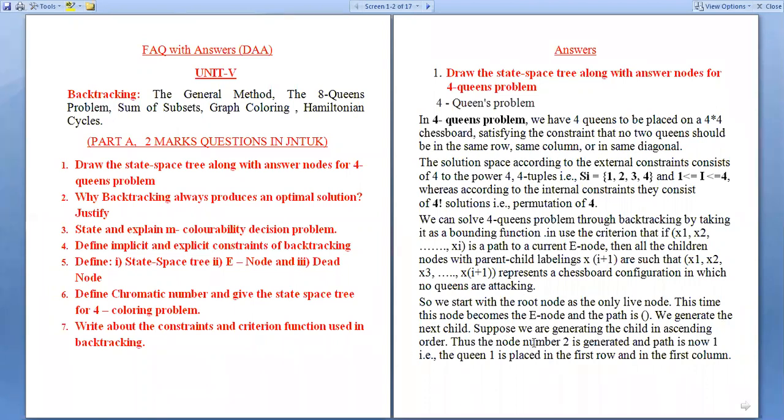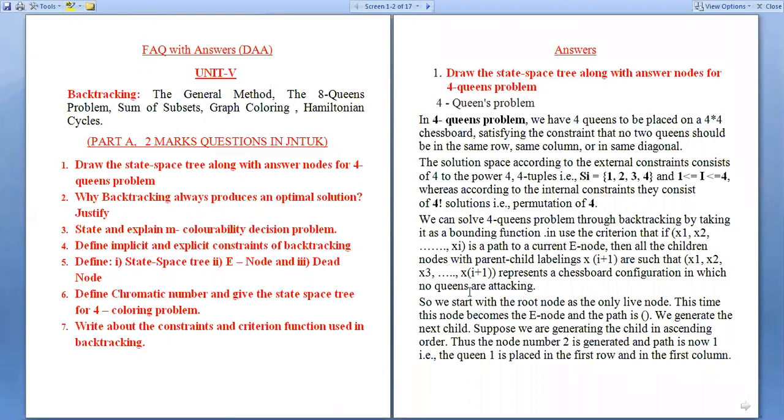Thus node number 2 is generated and the path is now 1. That is, queen 1 is placed in the first row and the first column.